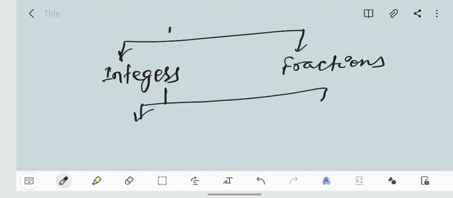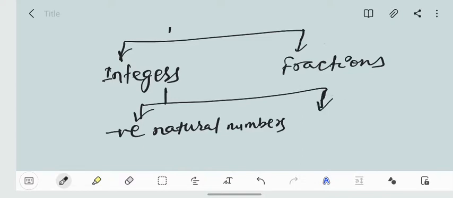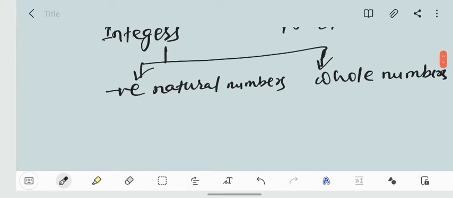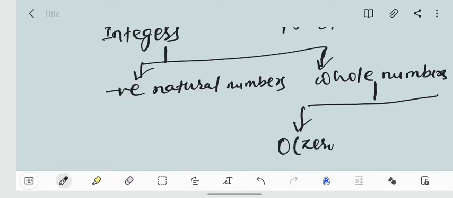In integers, we have all negative numbers, we call it negative natural numbers. And whole numbers, with whole number we have 0 and natural numbers.